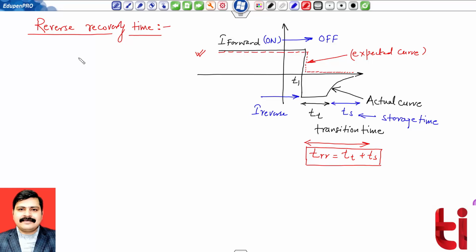Majority carriers in the N side cross over the junction and reach the P side, and now they become the minority carriers.